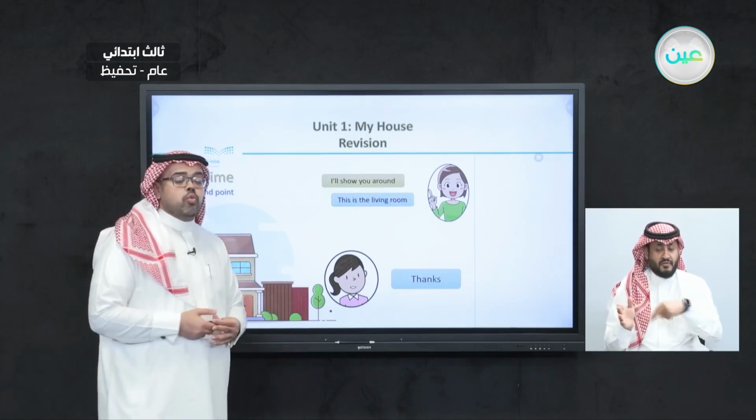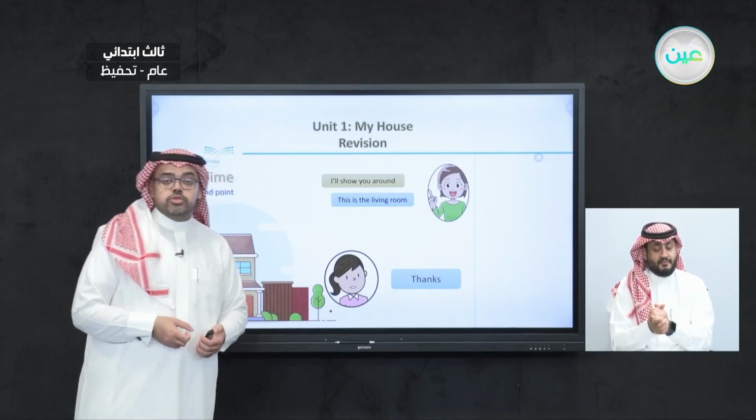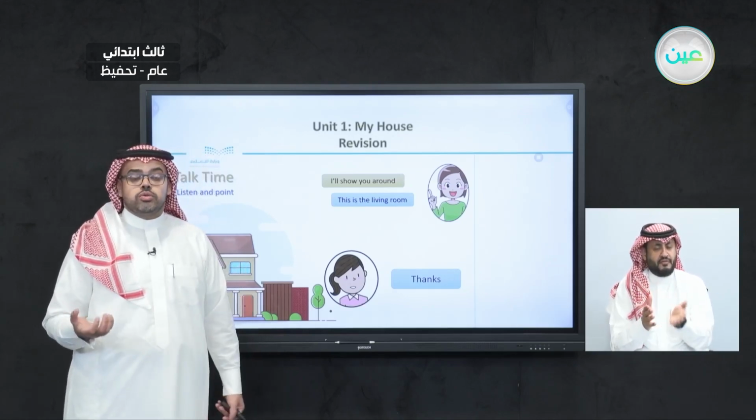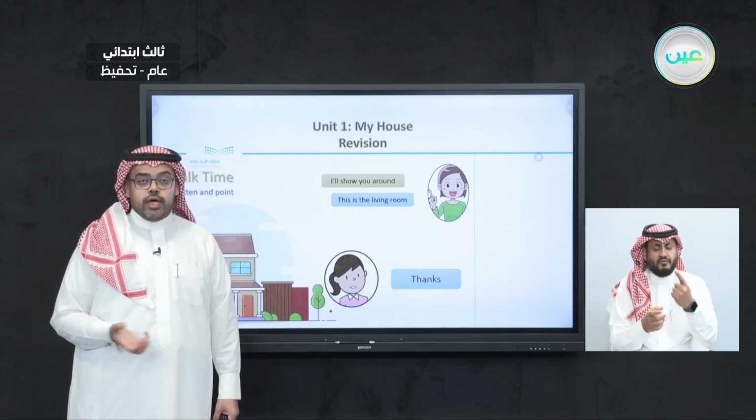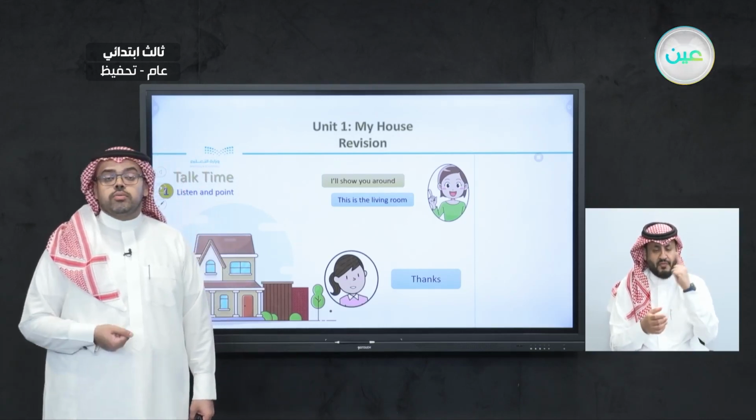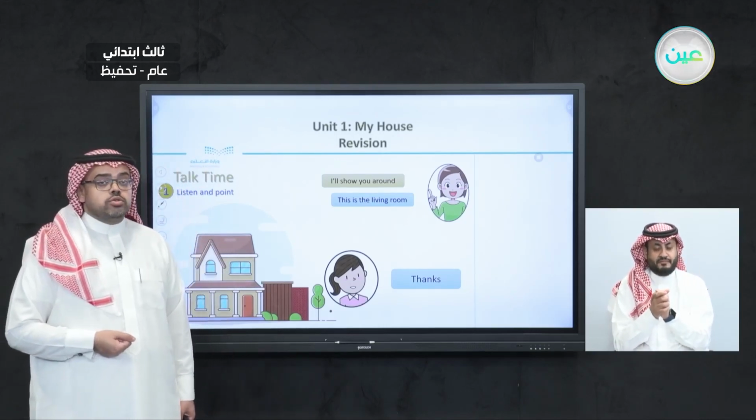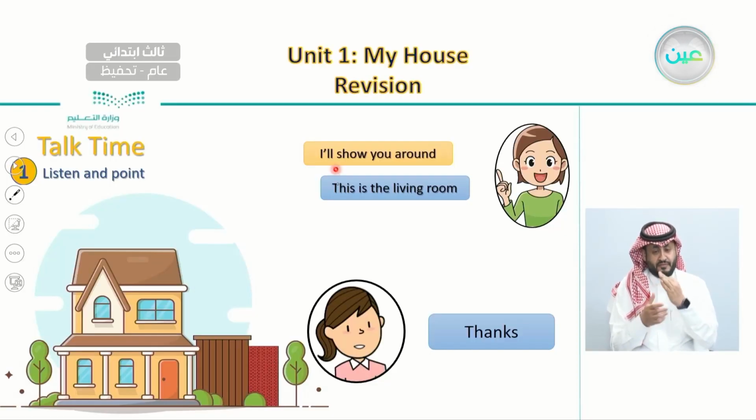And then when people are coming to your house, what you usually do is show them around the house. And usually when you say, "I will show you around," you can point at each of these places by saying "this is."